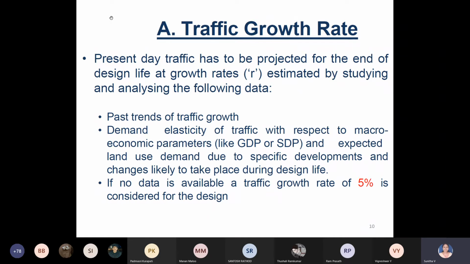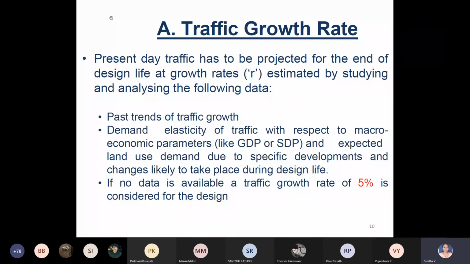So firstly, traffic growth rate. Present day traffic has to be projected for the end of the design life at a growth rate of r, which is estimated. Either it can be based on past trends of traffic growth. For the past trend, if you have the data for the past 10 or 20 years, you can check how the traffic has been varying over the years.